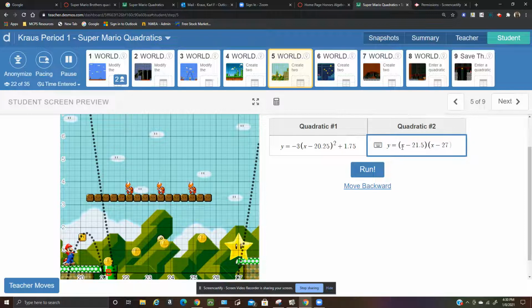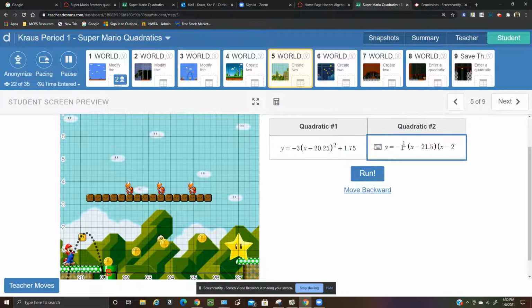And wide, let's try -1/10. Too wide. Not wide enough.